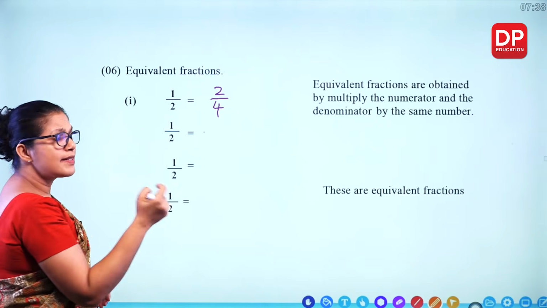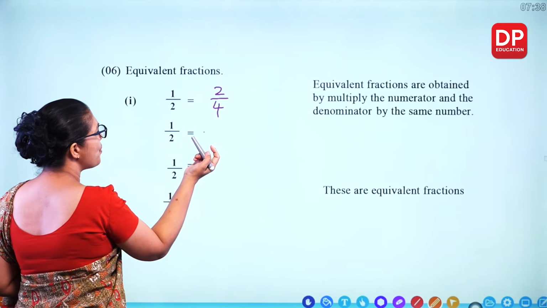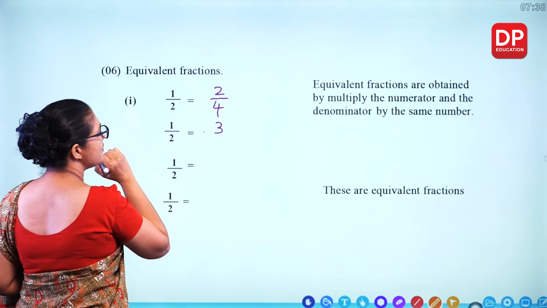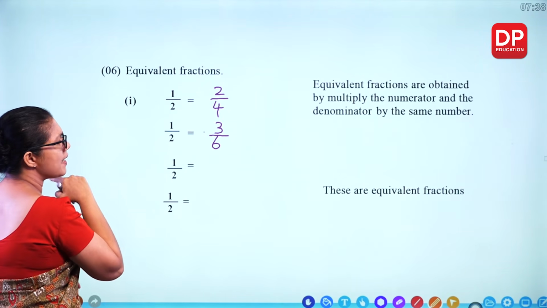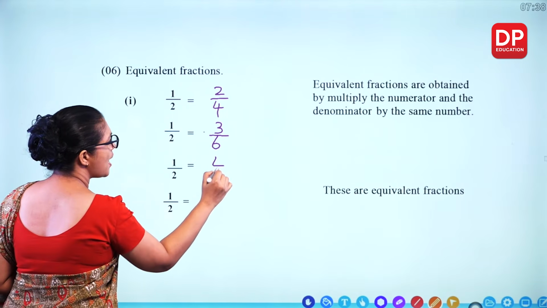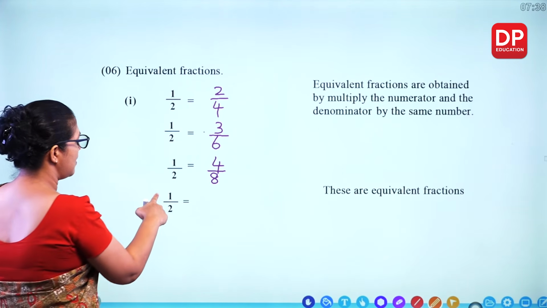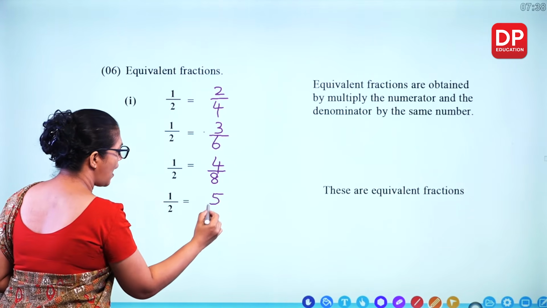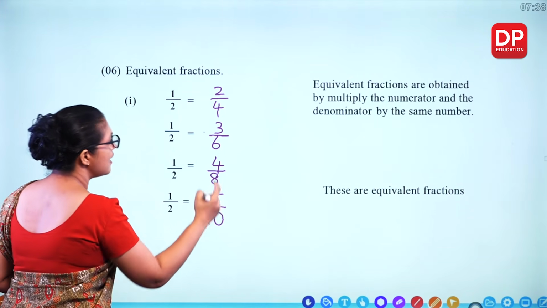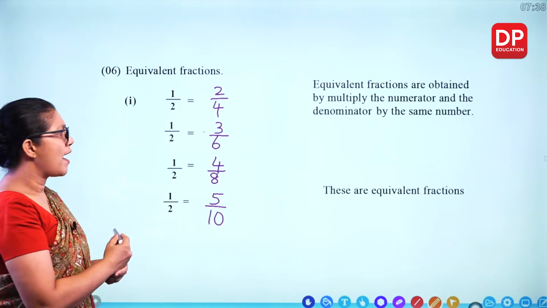You can write the same thing by multiplying by 3. 3 times 1, 3. 3 times 2, 6. Multiply by 4. 4 times 1, 4. 4 times 2, 8. Again, by 5. 5 times 1, 5. 5 times 2, 10. So we call these equivalent fractions.